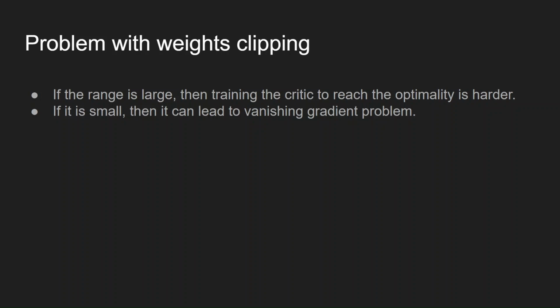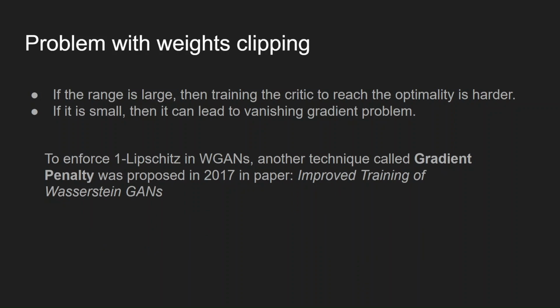These are two potential issues which were highlighted in the main paper, and that's why we need an alternative method to apply the 1-Lipschitz constraint without using weight clipping. This problem was solved in the paper Improved Training of Wasserstein GANs, and they introduced a technique called gradient penalty to enforce this 1-Lipschitz constraint in WGANs.